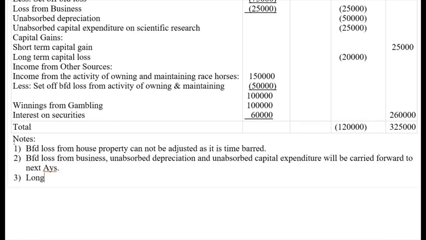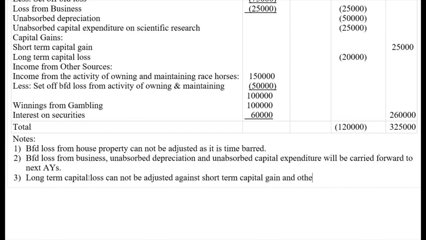Then long-term capital loss will be carried forward to next assessment years. Okay, long-term capital loss cannot be adjusted against short-term capital gain and other incomes.